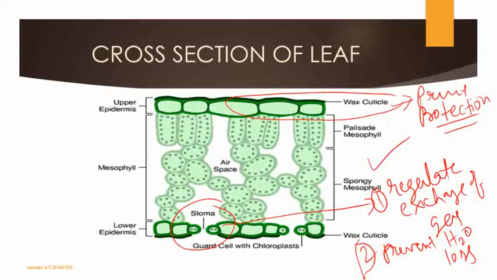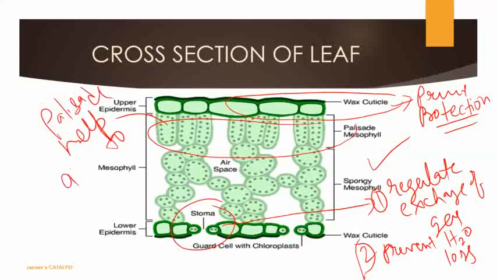Here, this particular palisade mesophyll cell that you can see, this is what? Mesophyll cell. The palisade layer basically helps to absorb sunlight.